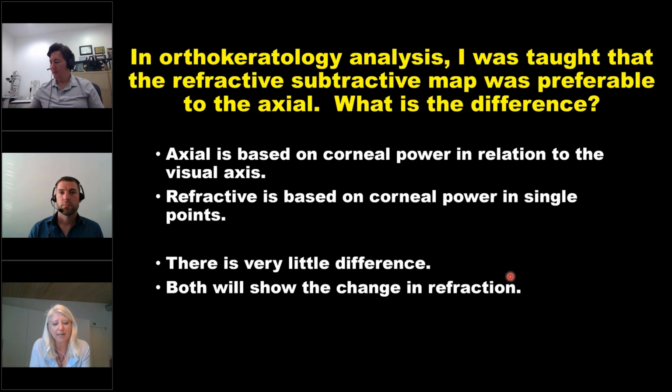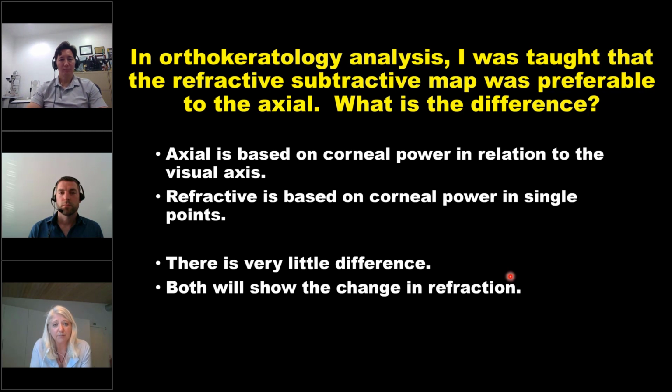Yes, the axial map is based on the corneal power in relation to the visual axis, and the refractive map is based on the corneal power point by point, at any specific point. The two are really very similar, so practically, it doesn't make a big difference which one is used.